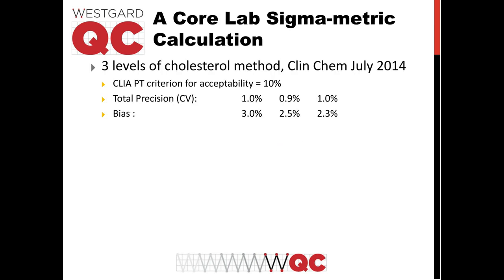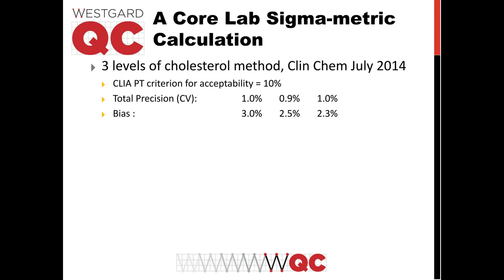To make it a little more concrete, let's take a quick example. We have 3 levels of cholesterol QC. This happens to be from a 2014 Clinical Chemistry study. CLIA directly regulates cholesterol. You have to be good within 10%. So if you're running 3 levels of control, you have CVs at 3 different levels.